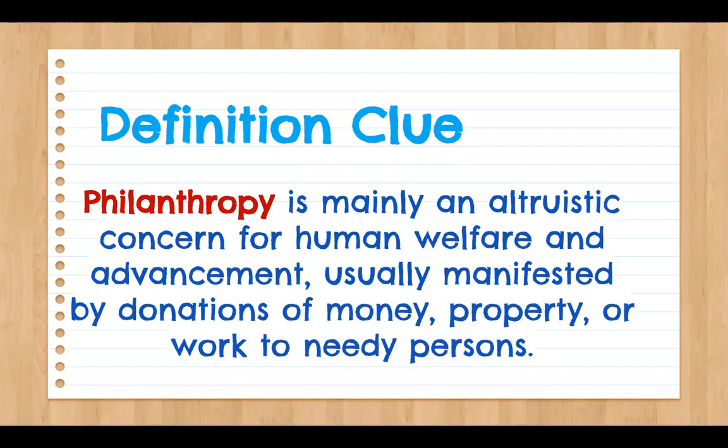In this example, "philanthropy is mainly an altruistic concern for human welfare and advancement, usually manifested by donations of money, property, or work to needy persons." So philanthropy is an act of good deed because it's a donation of money or property or work to needy people. So you don't need to look up the word in the dictionary because the definition is already given.